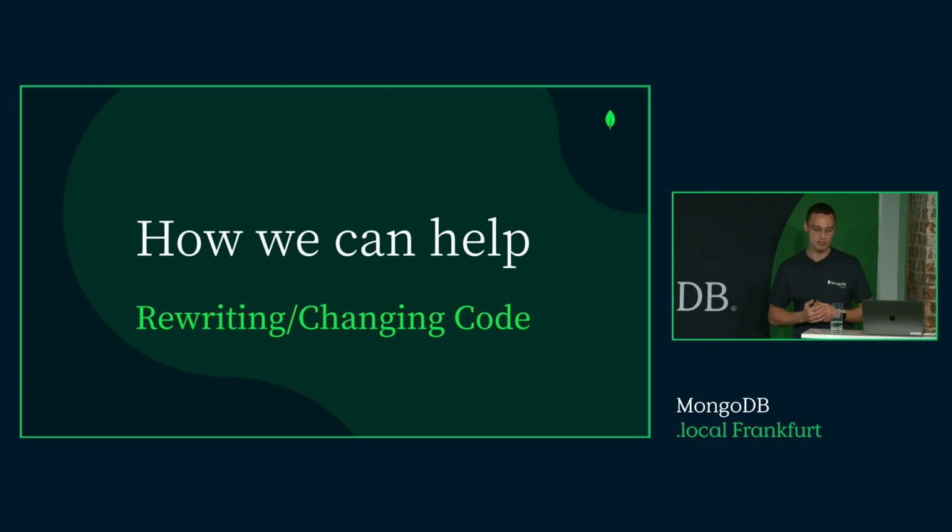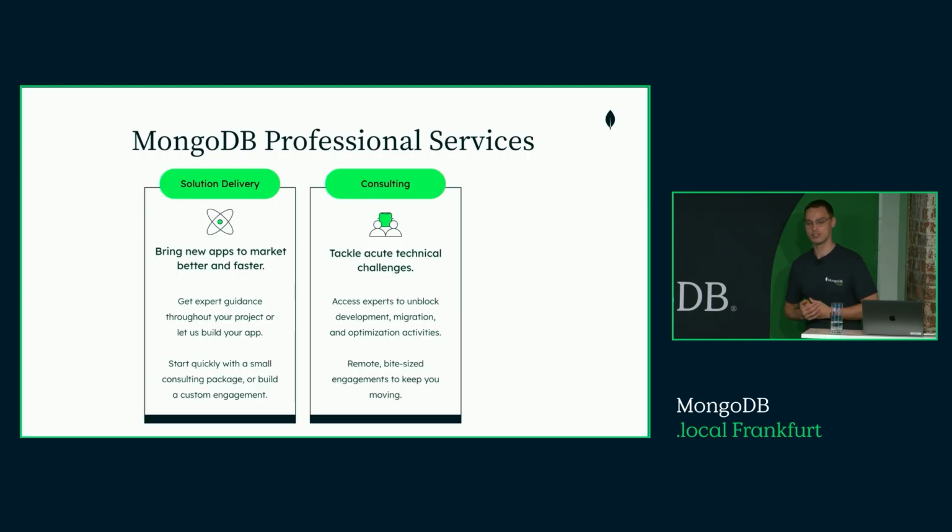And how we can do it, there are actually also different packages we offer from our professional services team. There's one thing which is very new, and I think it's a very great thing that we offer right now, which is solution delivery. So we work together with MongoDB partners that are specifically certified and, I would say, chosen by us. And these partners have MongoDB developers, and they can work together with you, either within your Scrum team, for example, and just work as an external developer.